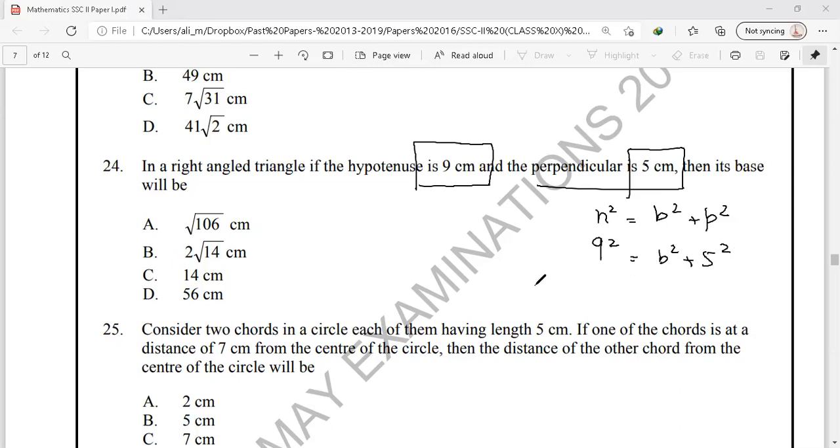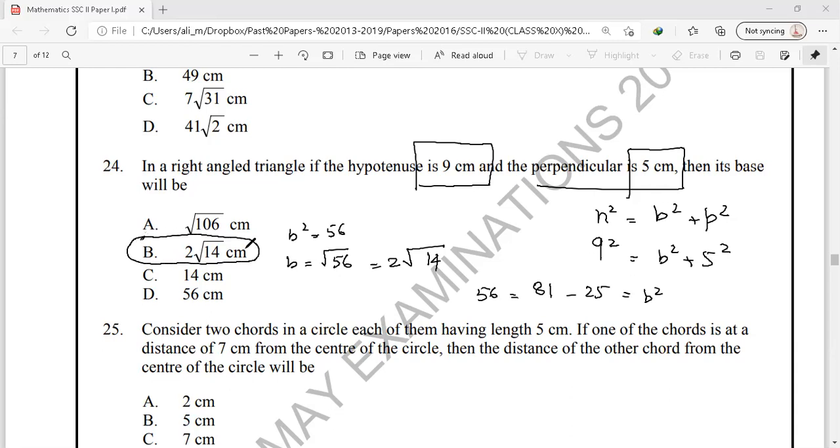So 9 square is 81 and 5 square is 25. If you subtract these two terms, b square is 56, and the base would be equal to the square root of 56, which is equal to 2 square root of 14. So the correct option in question number 24 is option B, 2 root 14.